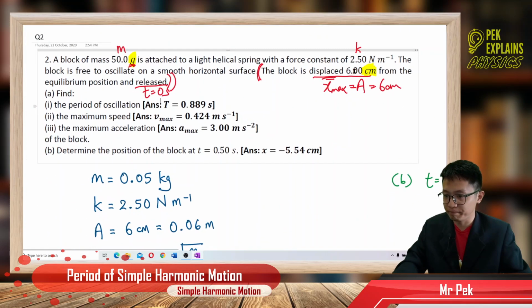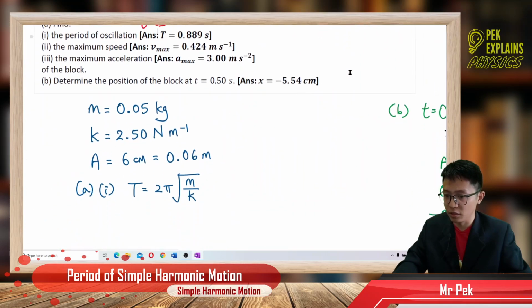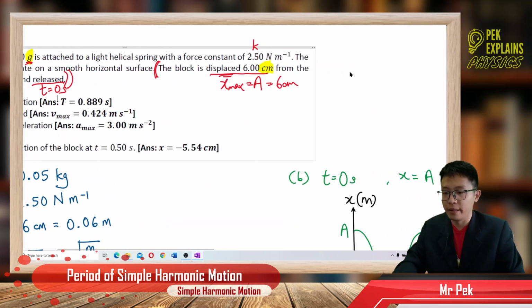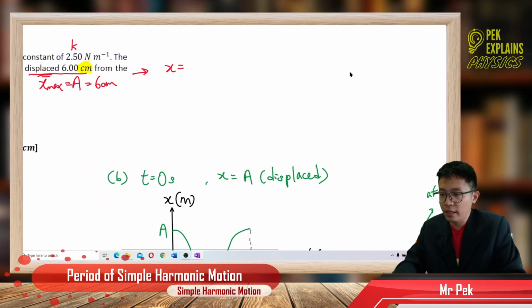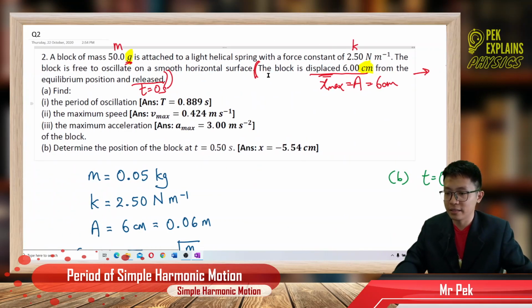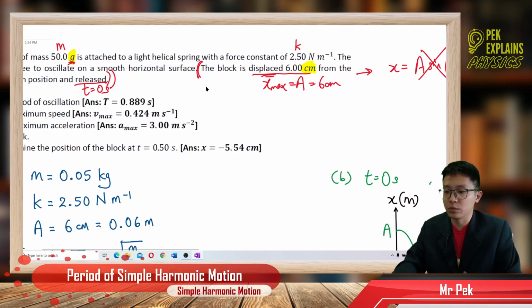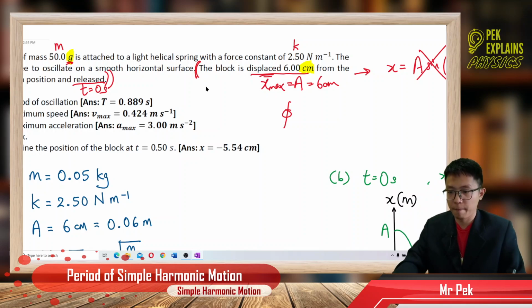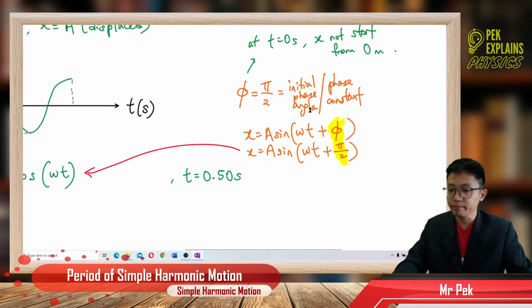So the formula of this, we can say this system does not follow A sine omega t. But for this case, it has what we call the phase angle, initial phase constant. So what happens is this one.